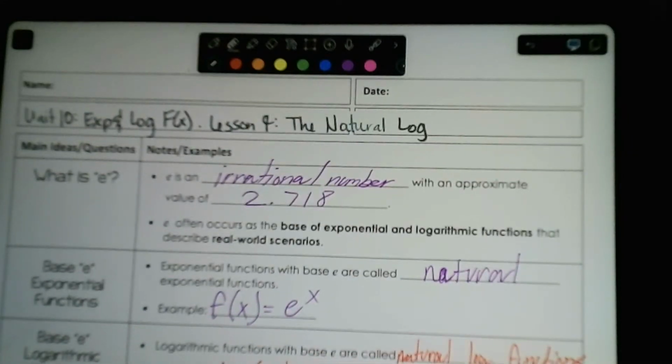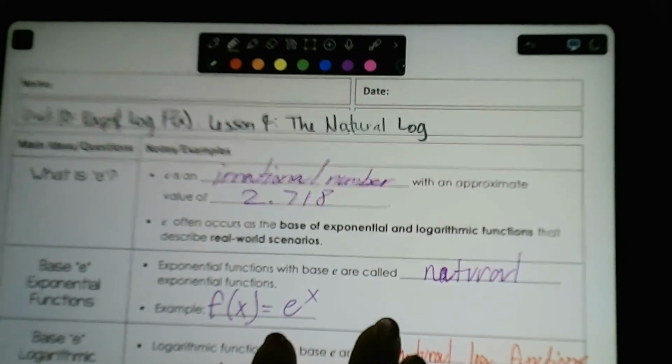So e stands for Euler's number. I know it sounds like I'm saying oil, but his name is German or something, and it's spelled E-U-L-E-R. But it's pronounced Euler. And it's about 2.71 something.